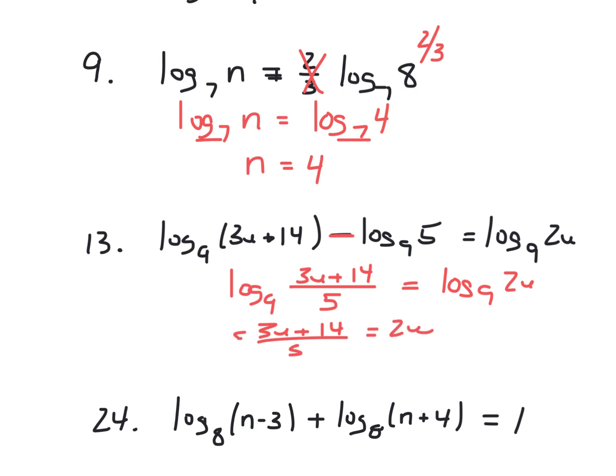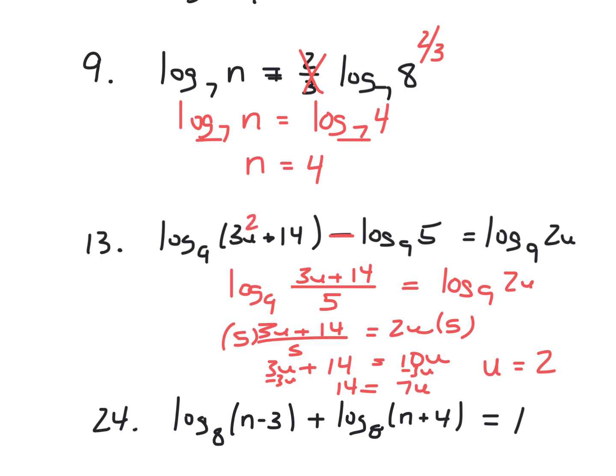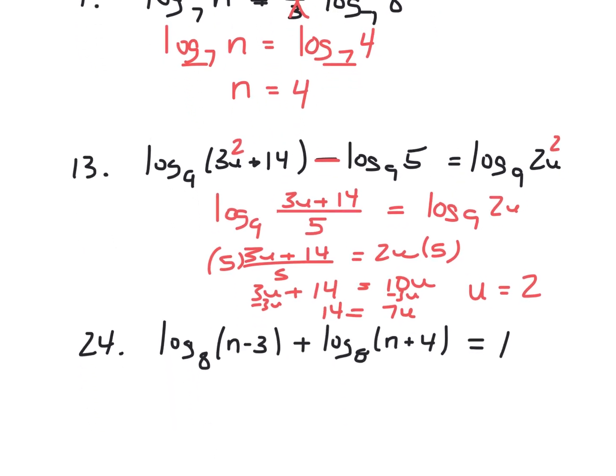I'm going to multiply both sides by 5. 3u plus 14 is equal to 10u. Subtract 3u from both sides, and I'm going to have 7u is 14. So u would be 2. I should again be checking it to make sure I'm not ever taking the log of a negative number, which I'm not. So that is going to check out.